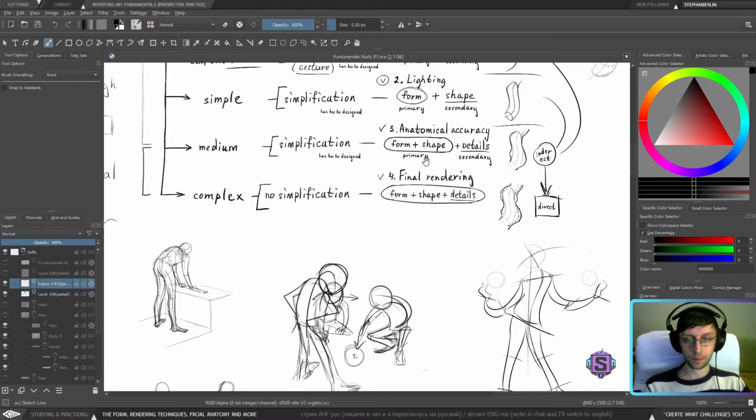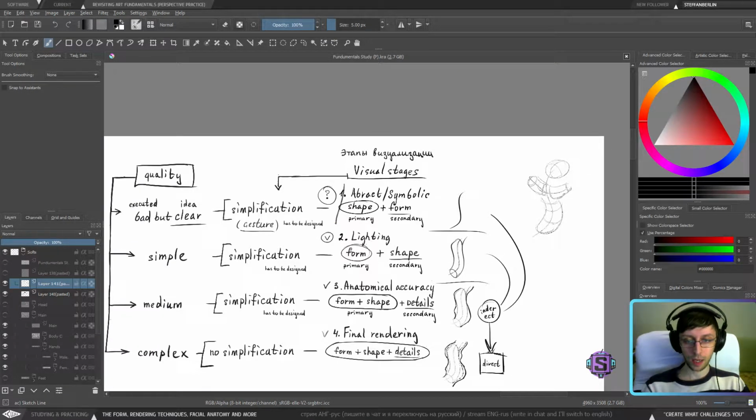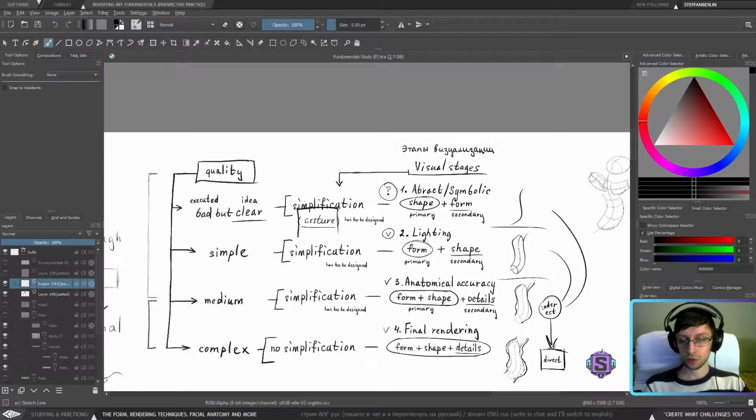So it has to be abstract, it has to be symbolic, it has to integrate shape as a primary thing, work with form as a secondary thing, and also use gesture. And also it has to be designed. So combining all three things, we need to find how exactly to design them in order to meet a certain criterion, which is that the idea has to be clear.